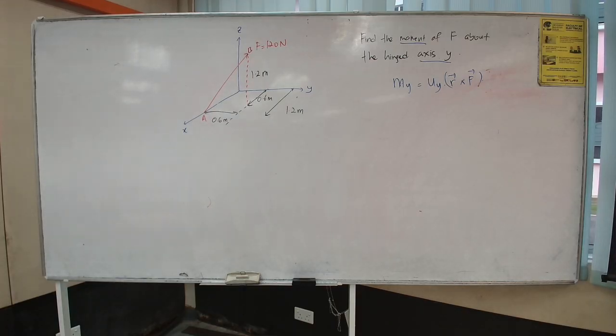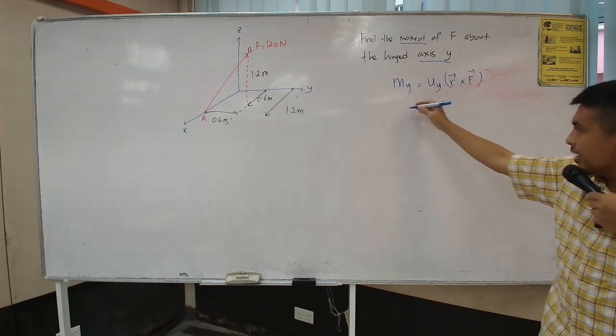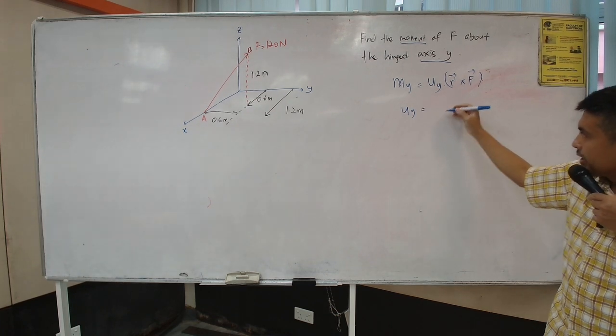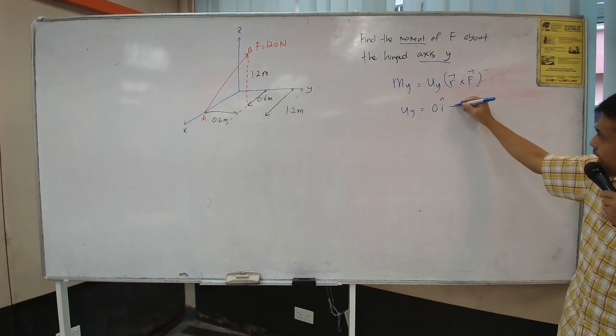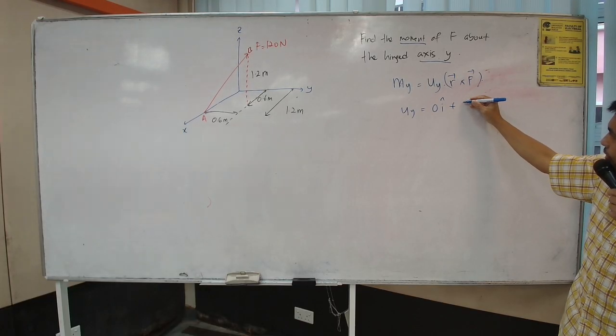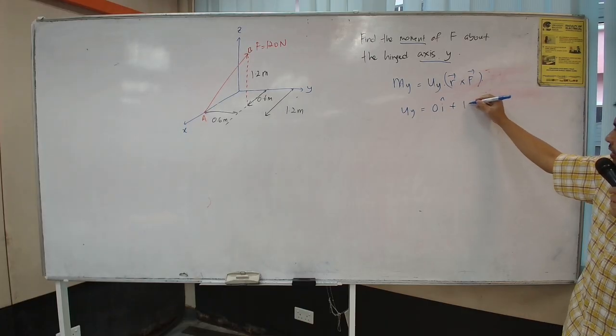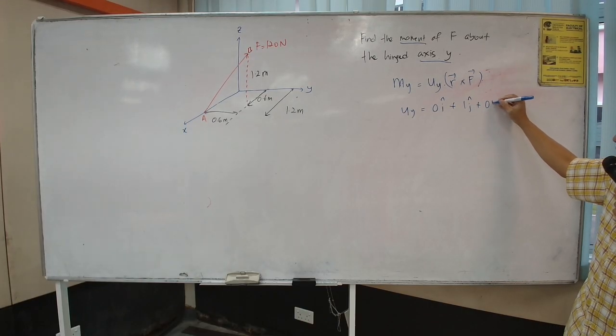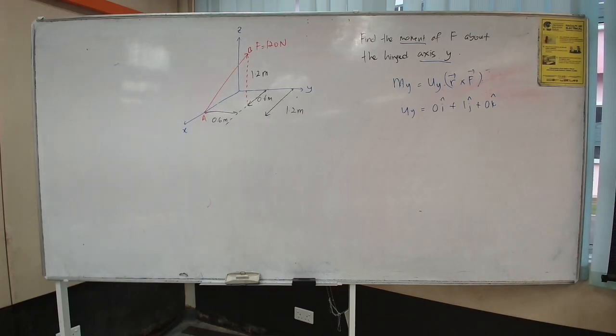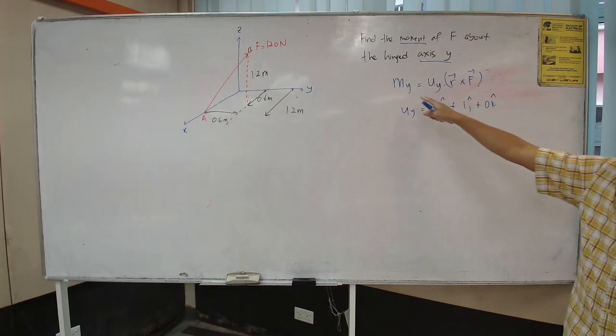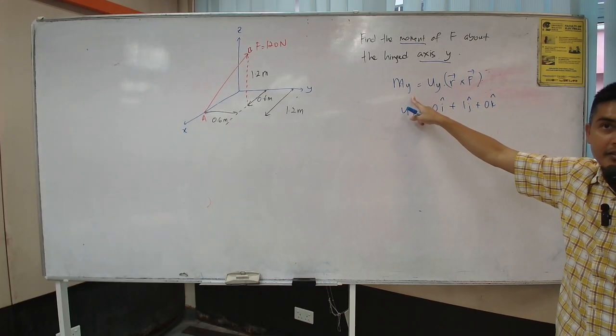So now we'll try to list out all the information that we need to find. The UY will become 0I plus 1J plus 0K, because the keyword there is moment about axis Y. So we need to find the moment about the Y axis.